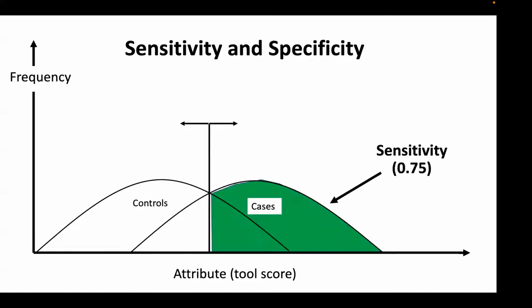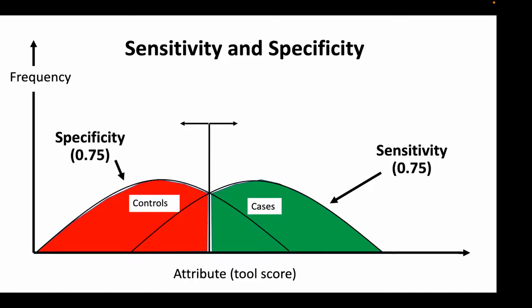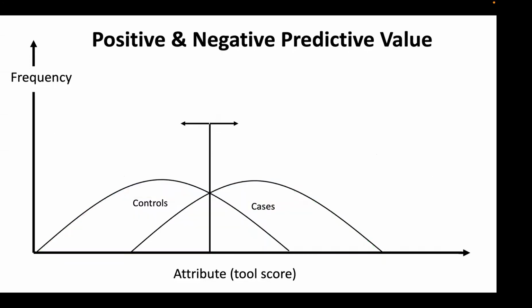If we look at sensitivity, it's simply how many of them that we got. These are the cases that we got right, 75%. Specificity, the percentage of the controls that we got right, in this case, 75%. It's a little more complicated, but I'll walk through this, you can see it, but positive, negative predictive value.